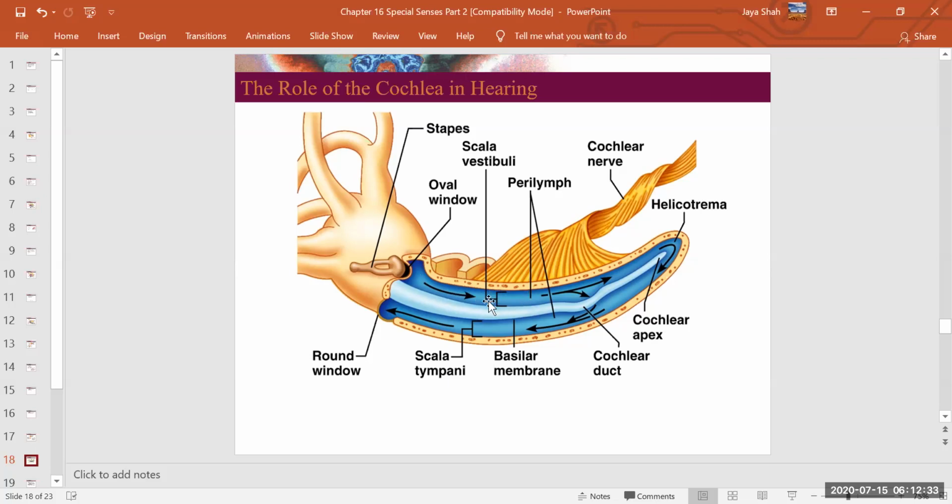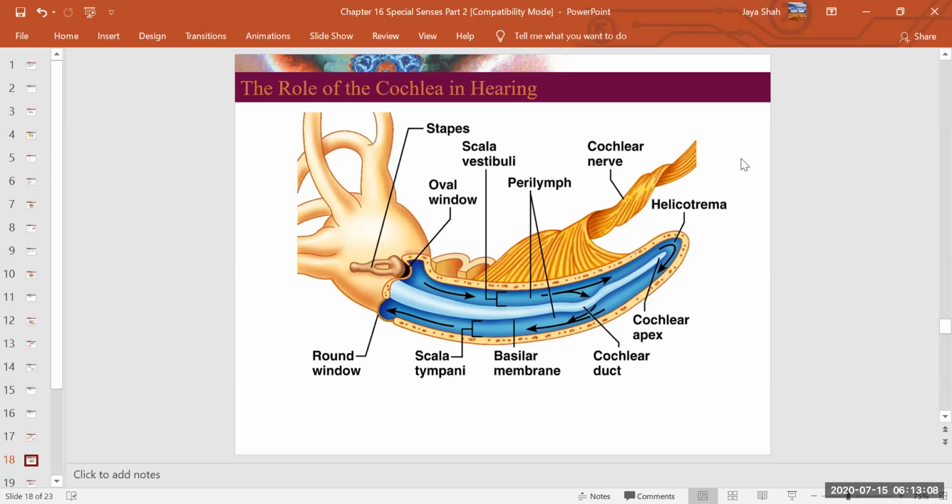This fluid creates a wave, and then this wave comes back and vanishes in the middle ear cavity through the round window. When you create a wave in the fluid, it also creates a wave in the fluid inside the cochlear duct. Inside the cochlear duct, you have hair cells, which are the receptors for hearing. They take the impulse through the cochlear nerve to your temporal lobe, and you hear the sound. That's how you hear.